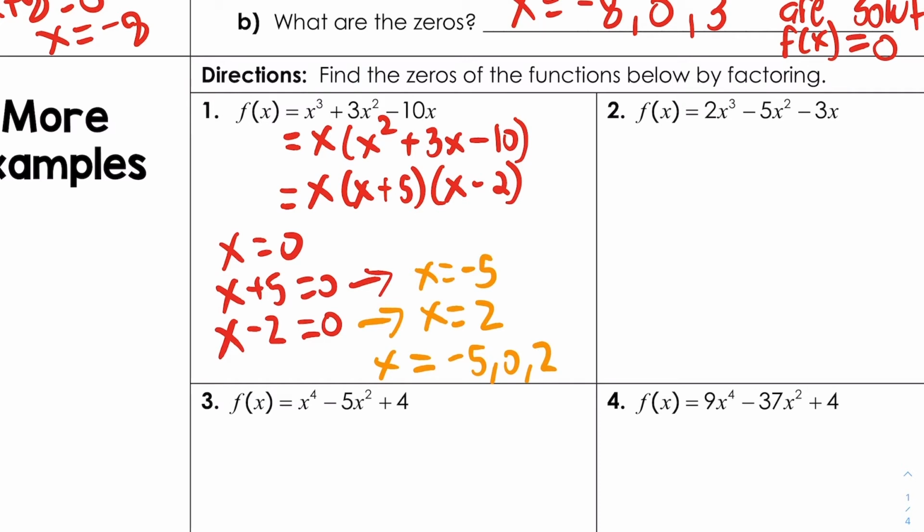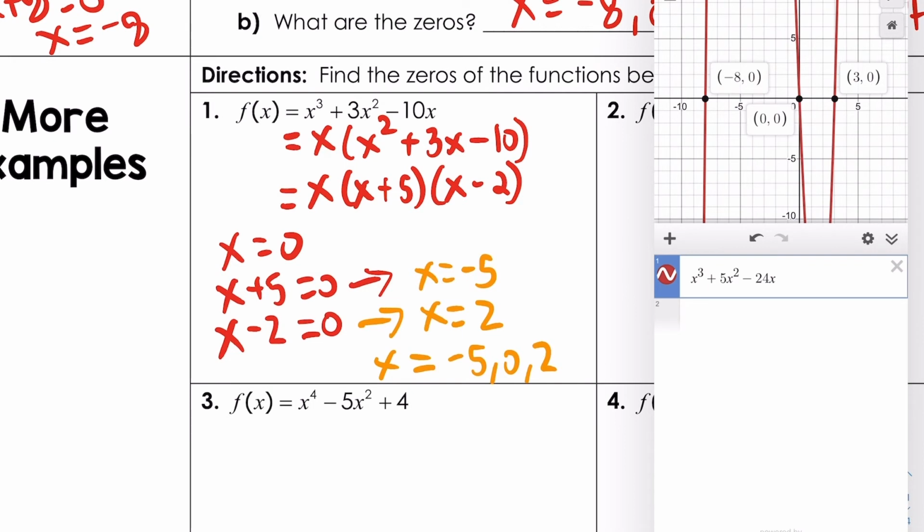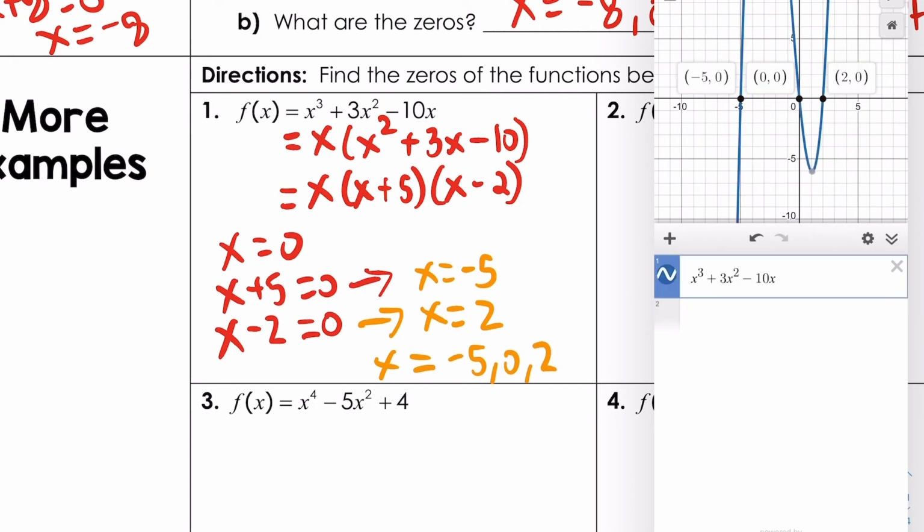If we plug any of these numbers in, we should get the x-intercepts for the graph. Let's check it. Looking at the graph, we got x-intercept at -5, which we also got by factoring it. We got an x-intercept at 0 and an x-intercept at 2.